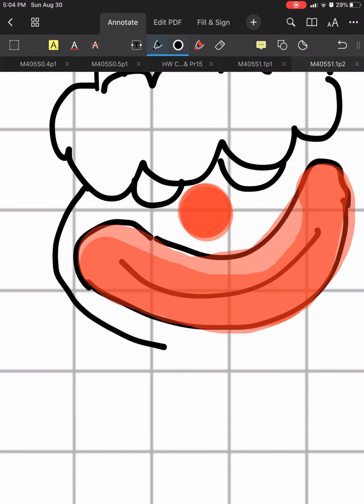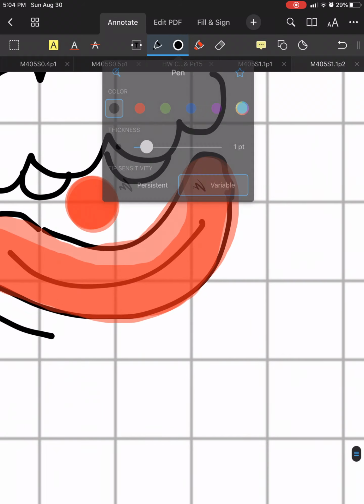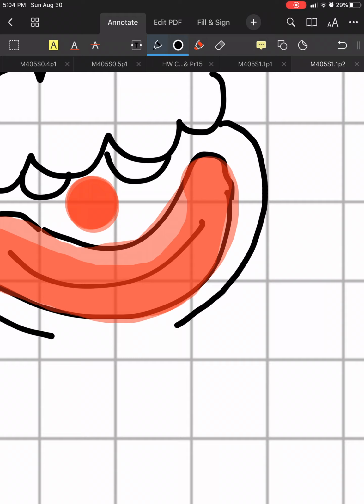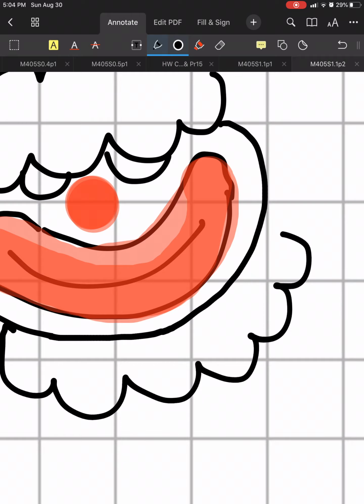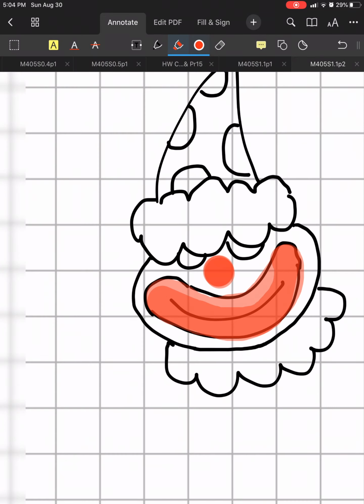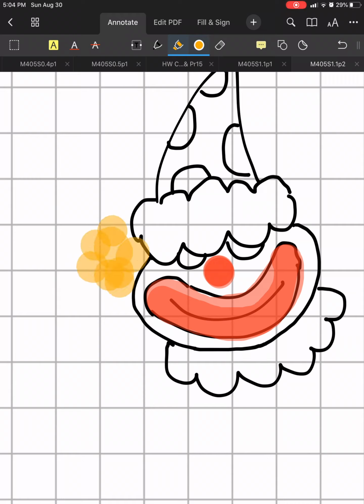Do, and let's see here. Okay, and let's see, what can I do here? Let's give him some orange hair. I know it's weird to use highlighters to do this, but you got to use the medium that you got, right?